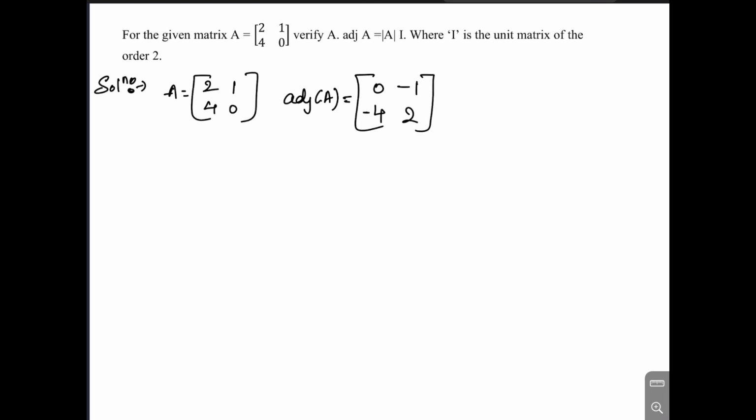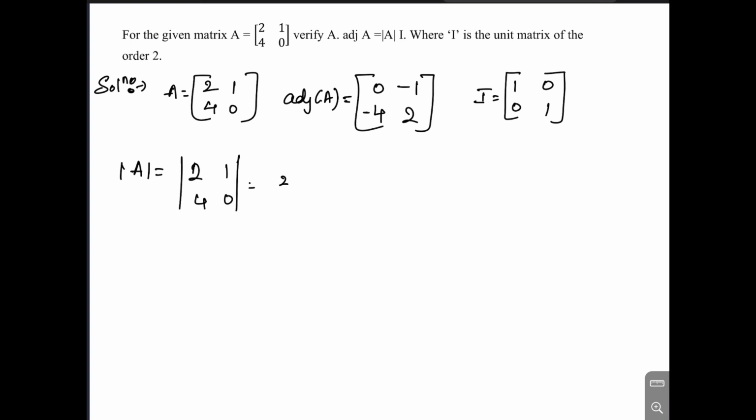So this is the adjoint of A. Similarly we need to find the unit matrix: 1, 0, 0, 1. Now the determinant of A, let's find out: 2, 1, 4, 0 here.